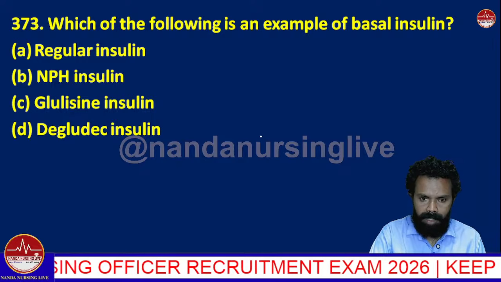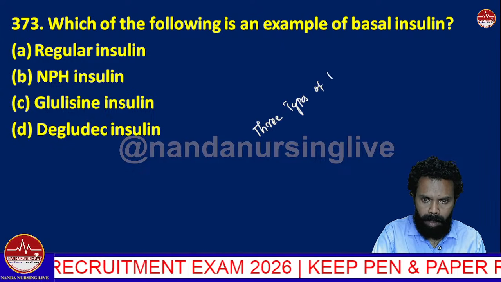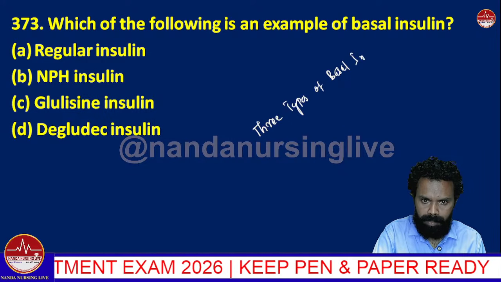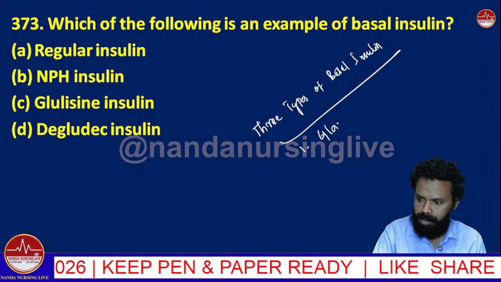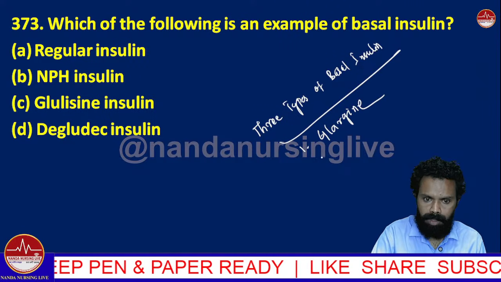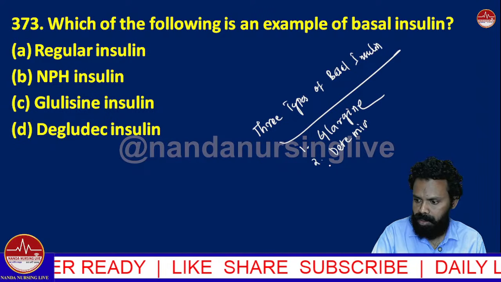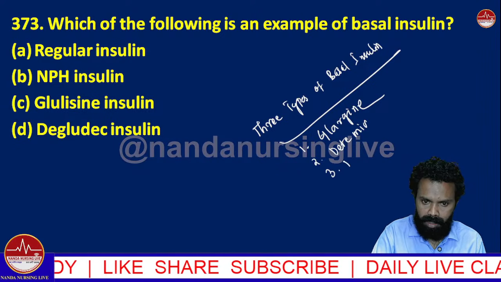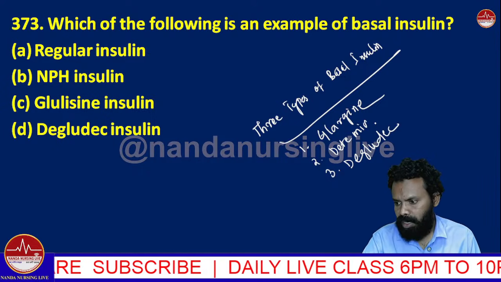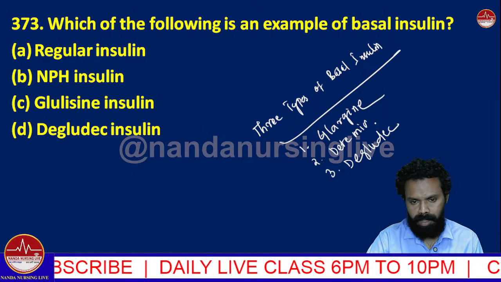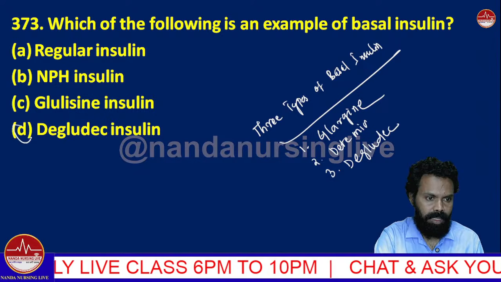There are three types of basal insulin. First is glargine, also basal insulin, then detemir, also basal insulin, and third is degludec. These all are types of basal insulin, right? So option D is the correct answer.